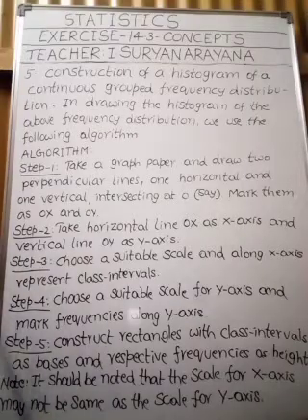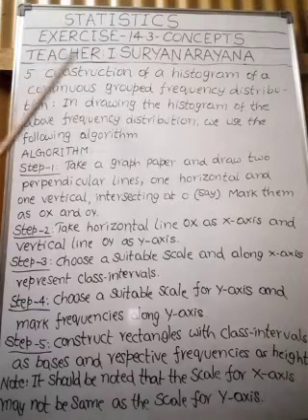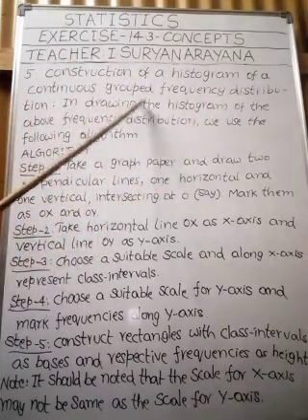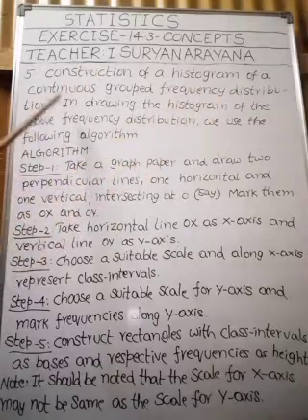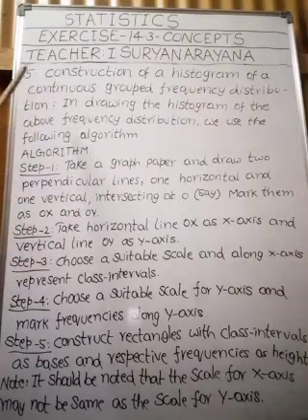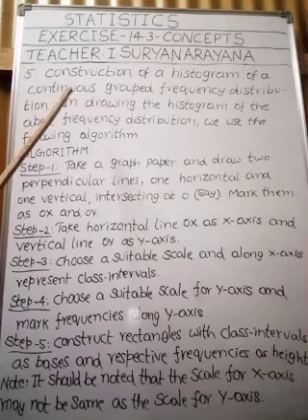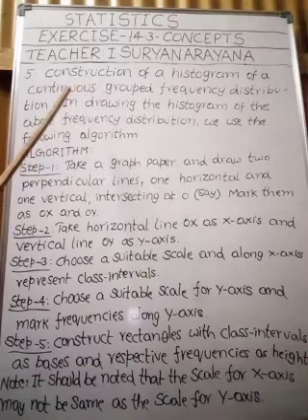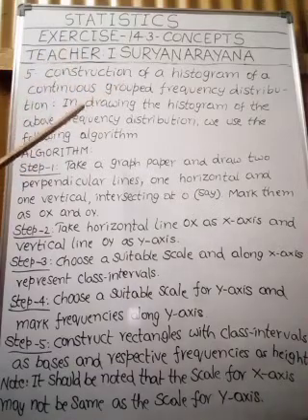Now come to the next point, fifth point, construction of a histogram of a continuous grouped frequency distribution. In this point, we are discussing how to construct a histogram of a continuous grouped frequency distribution. Okay, my children, right.